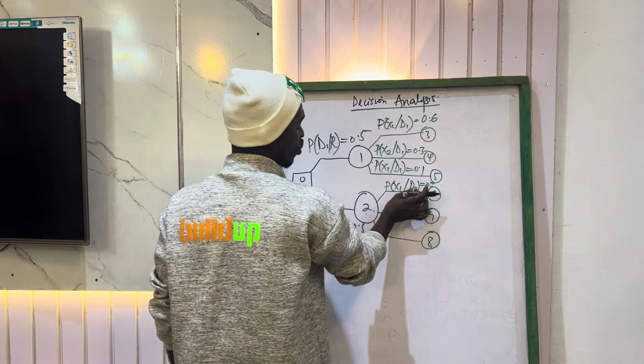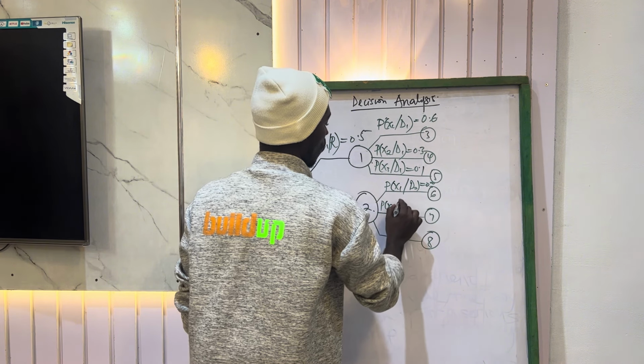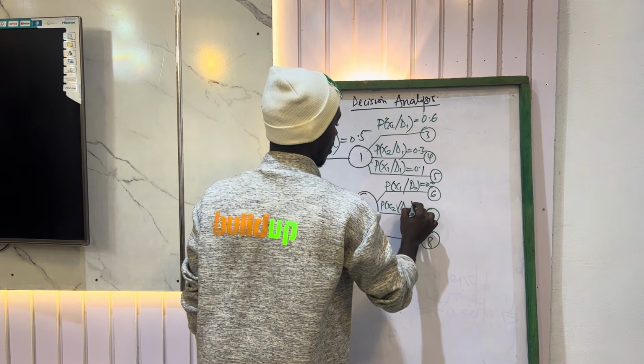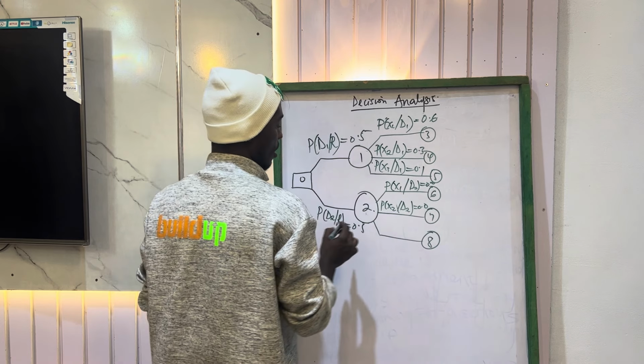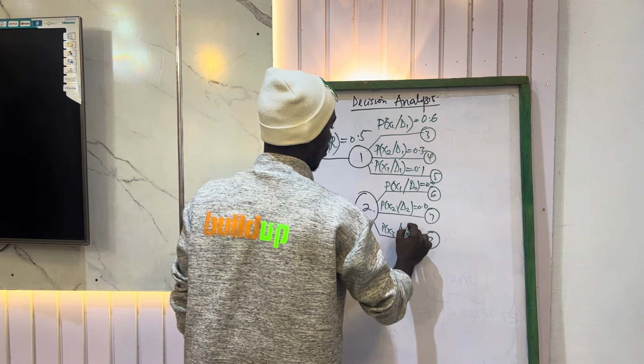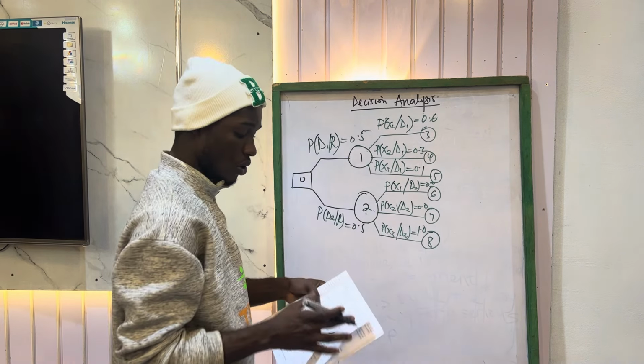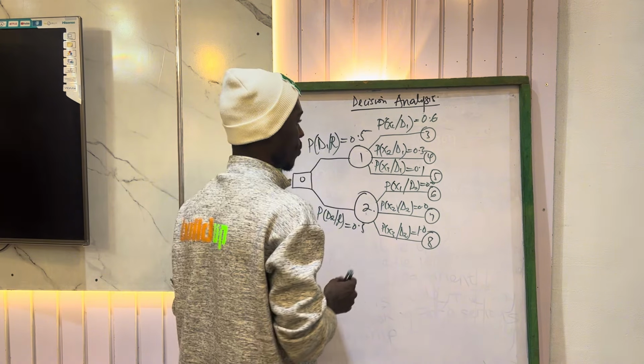The probability of outcome 2 when not to develop is equal to 0.0. The probability of outcome 3 when not to develop is equal to 1.0. If you sum everything together, you're going to get 1 as well.